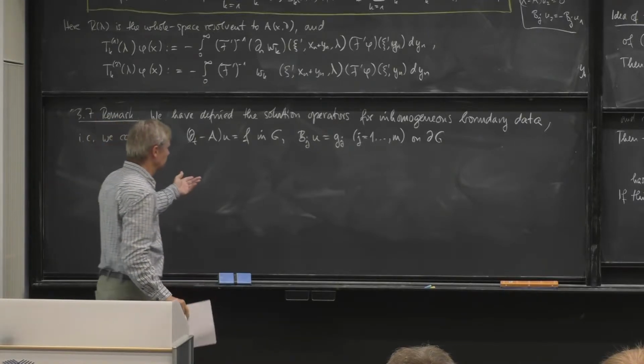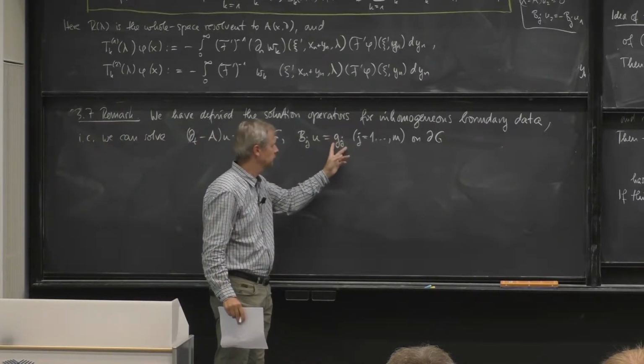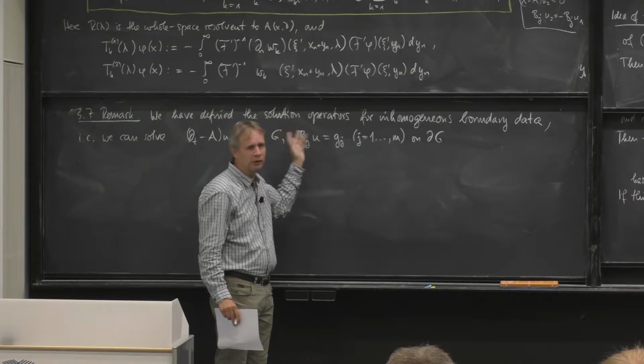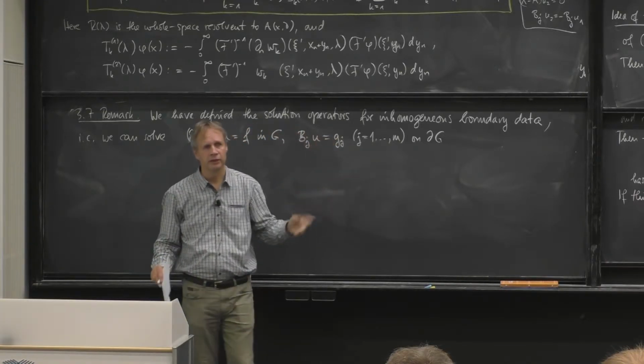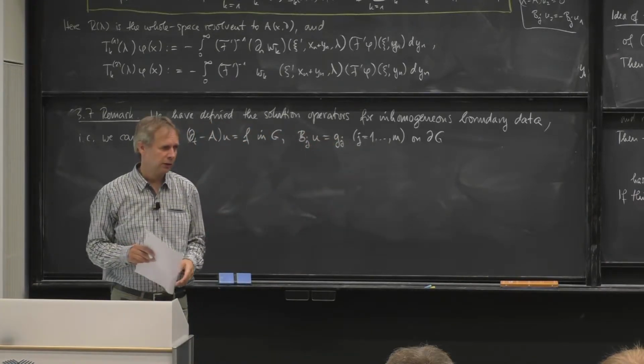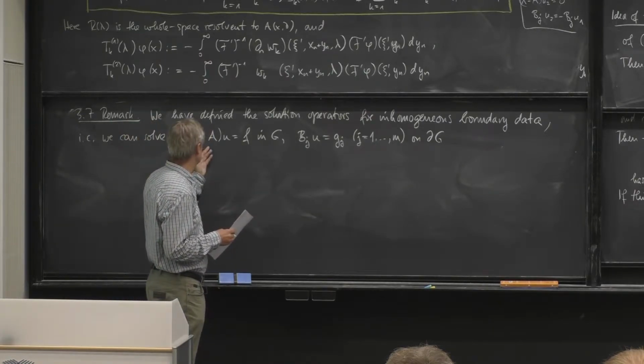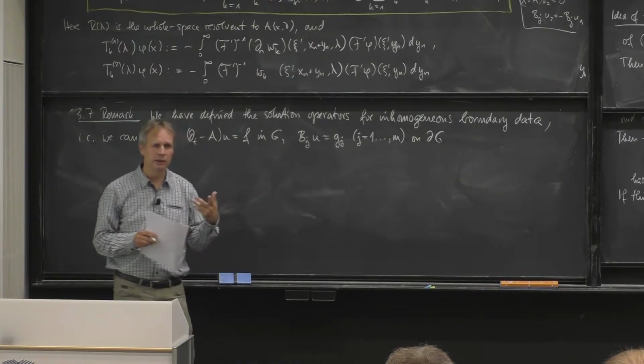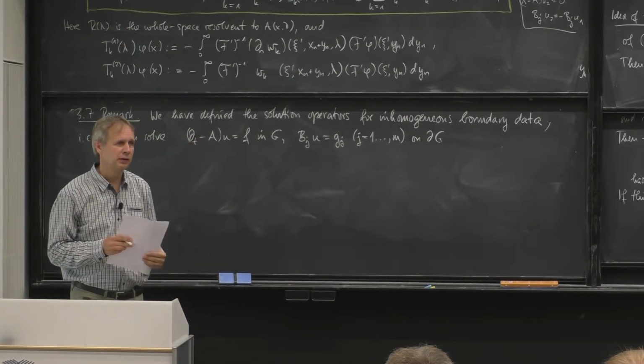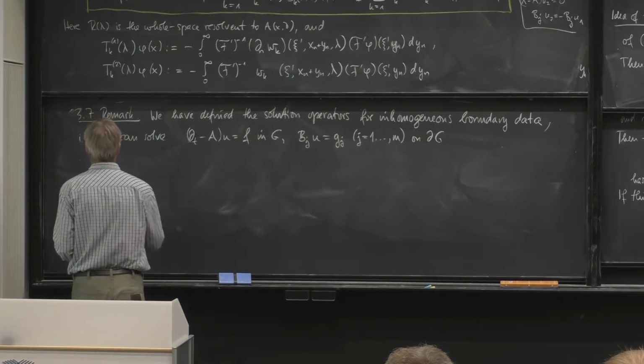In our situation, we have defined the solution operators for G, and we applied it to the resolvent. But of course, you can have additional data, and we know the solution. And so with this method, we can immediately write down this boundary value problem as a mapping between the appropriate spaces. So we have shown.